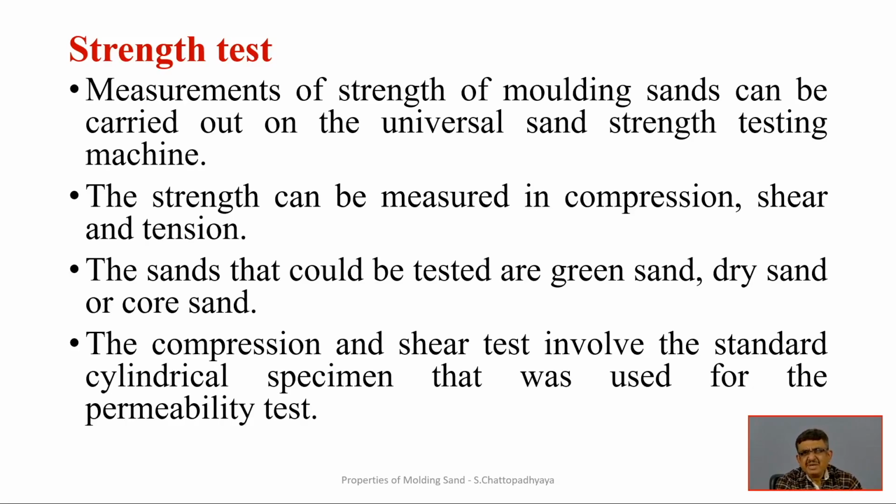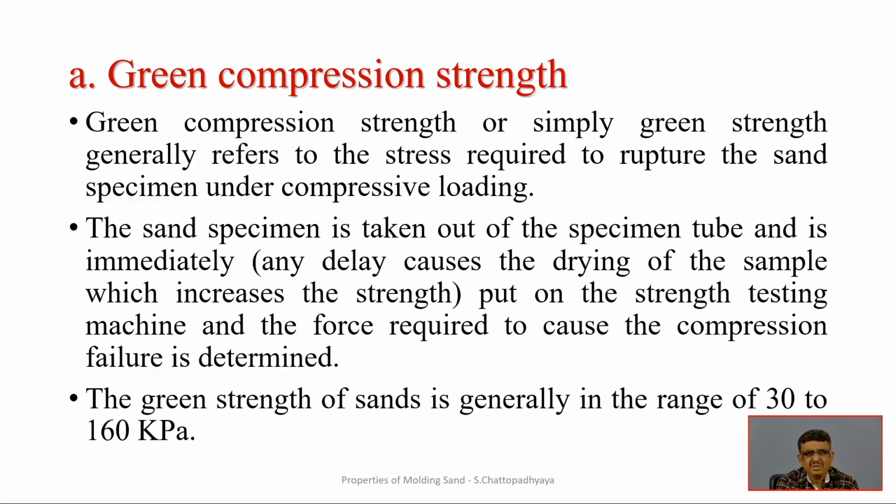The strength of molding sands can be measured on universal strength machines, and you can find out what strength it can retain. Green compression strength refers to the stress required to rupture a green sand specimen under compressive loading. We use green sand, and the specimen is taken out.